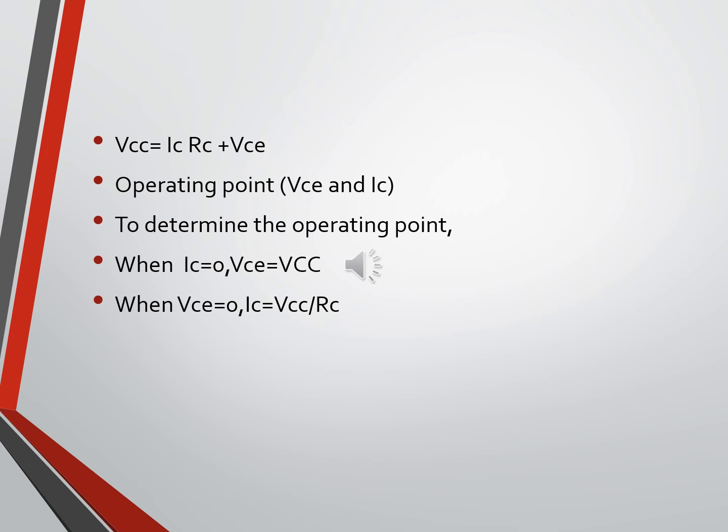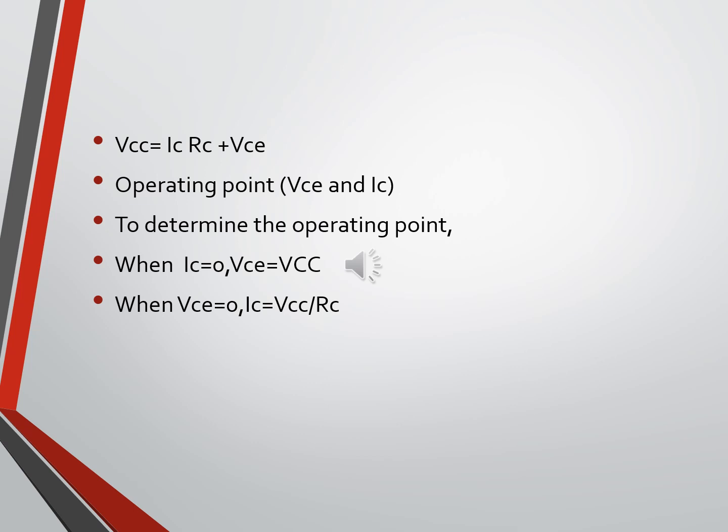VBE reduces at 2.5 millivolt per degree rise in temperature, and this point is very important. Similarly, the beta value also varies with temperature. Hence, the stabilization of the operating point means the stabilization of the collector current against the temperature variation.